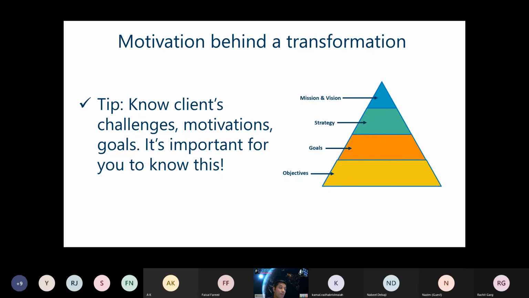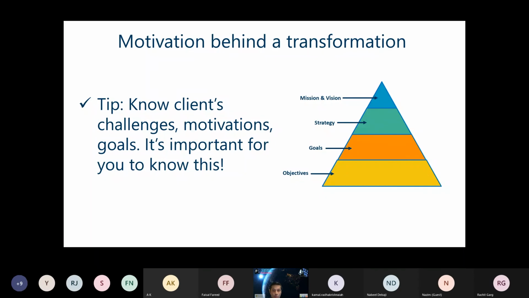And you can frame these discussions as a hierarchy, starting from their mission as an organization or a business. What strategies do they have to implement that mission and vision? What goals has the business formulated to implement those strategies? And lastly, how do these goals relate to specific organization objectives, various KPIs that they might have, or the processes at the most basic level?